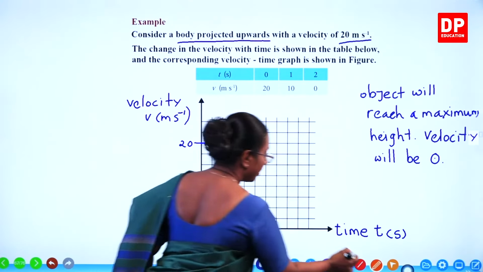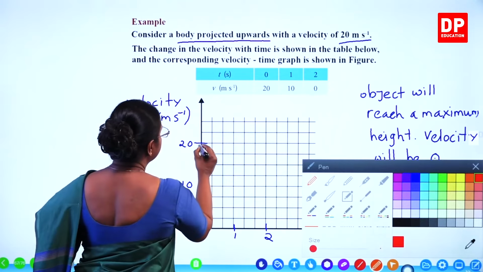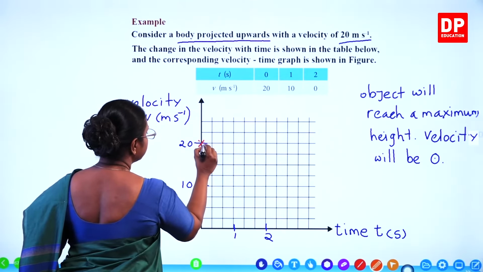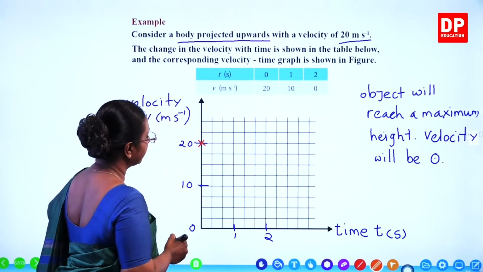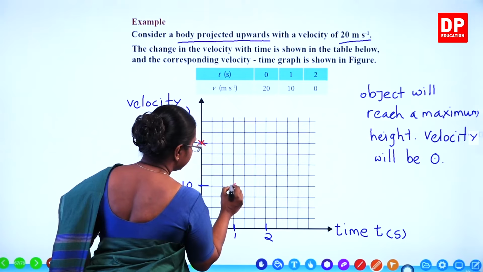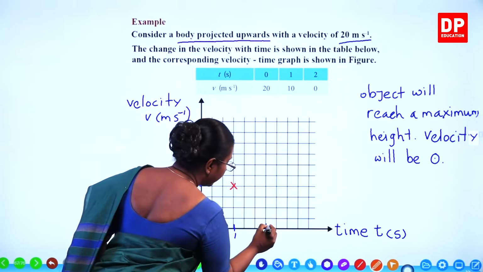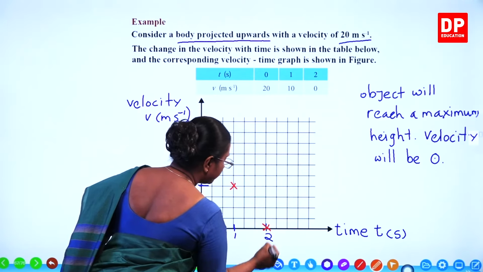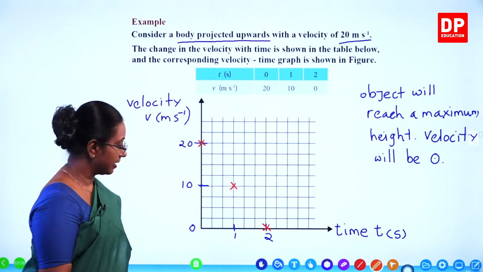So if I mark the values, initially the velocity is 20 meters per second when it is projected upwards. At the end of 1 second, the velocity becomes 10 meters per second. And finally, at the end of 2 seconds, the velocity is 0 meters per second.